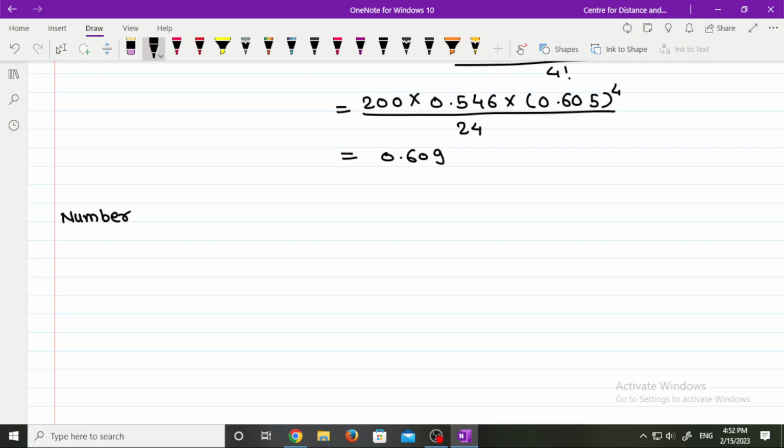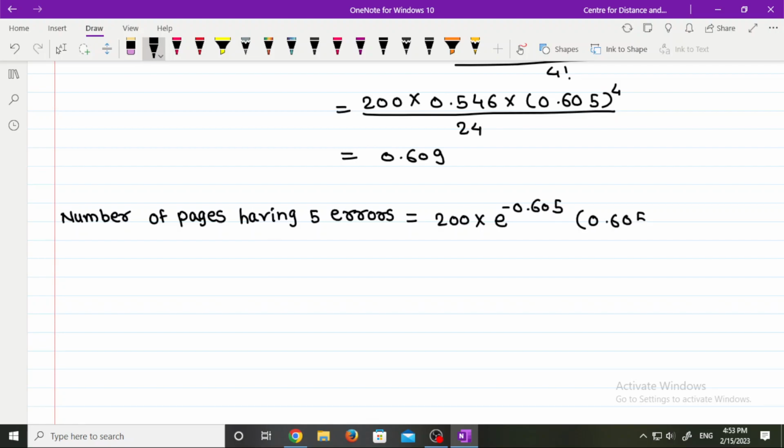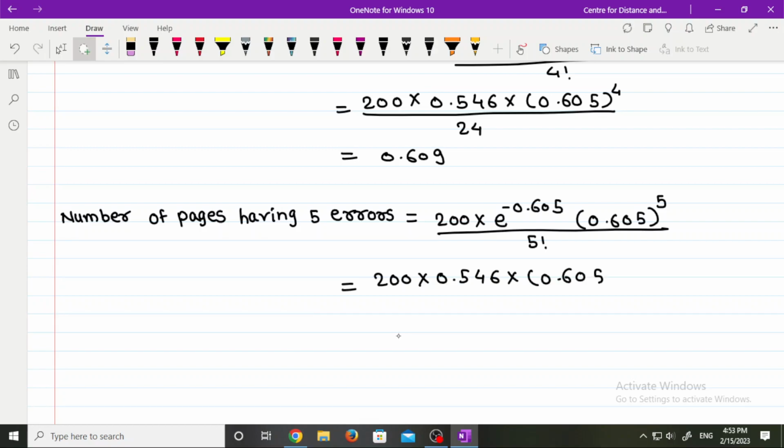Number of pages having 5 errors, that is x is equal to 5, which is equal to 200 into e raised to minus m, that is 0.605 into m raised to x, that is 5 divided by x factorial, that is 5 factorial, which is equal to 200 into the value of e raised to minus 0.605 is 0.546 into 0.605 raised to 5 divided by 5 factorial, that is 5 into 4 into 3 into 2 into 1, which is equal to 120.